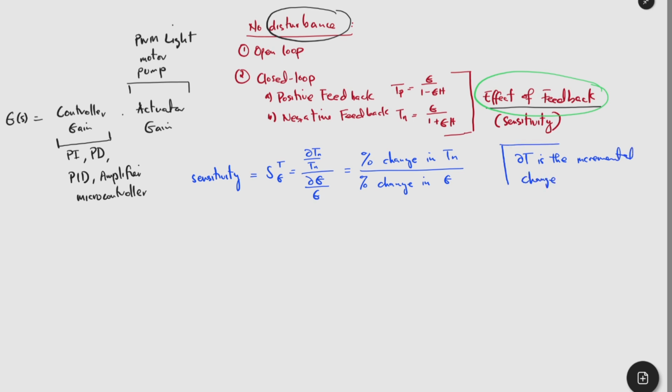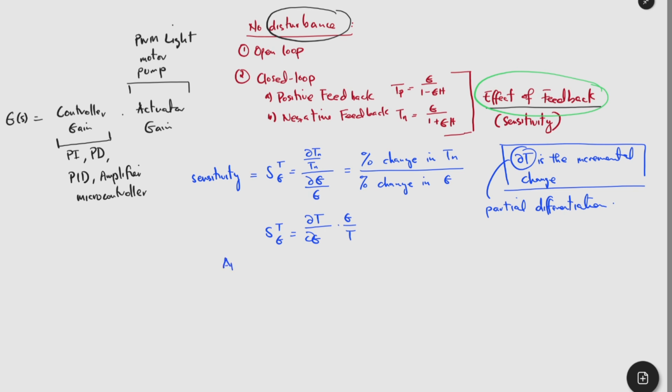So when we want to take this incremental change, we mostly use partial differentiation. In that case, when we do partial differentiation with respect to G, we can rewrite the equation such that S_T/G is equal to dT/dG multiplied by G/T.